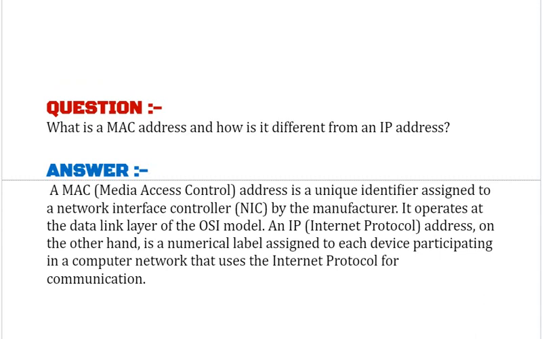It operates at the data link layer of the OSI model. An IP, that is Internet Protocol address, on the other hand, is a numerical label assigned to each device participating in a computer network that uses the Internet Protocol for communication.